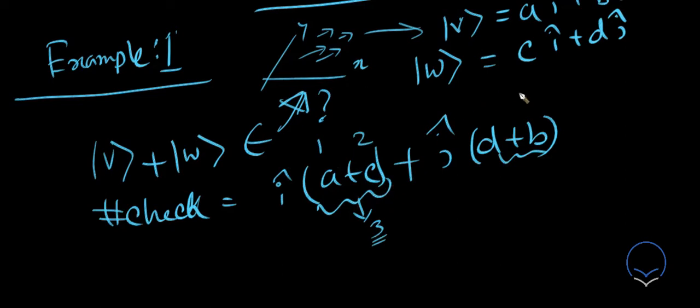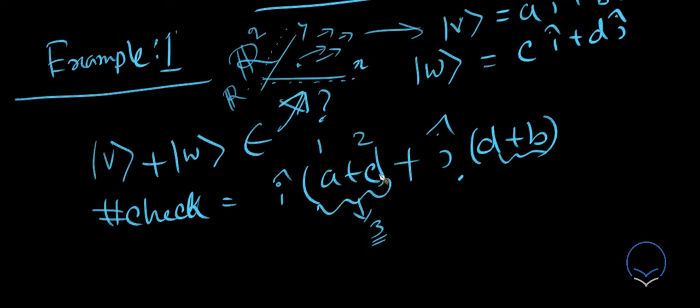Now notice that these elements are real numbers, and this space, that is this xy plane, will actually have a field of R squared. That is, you have one set of real numbers in the x-axis and one set of real numbers in the y-axis, and when you add them, the resulting vector also lies in the same space.